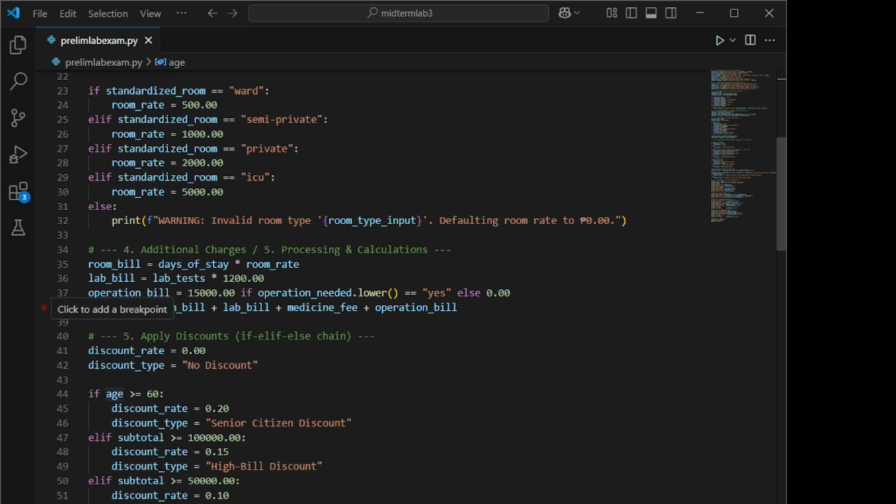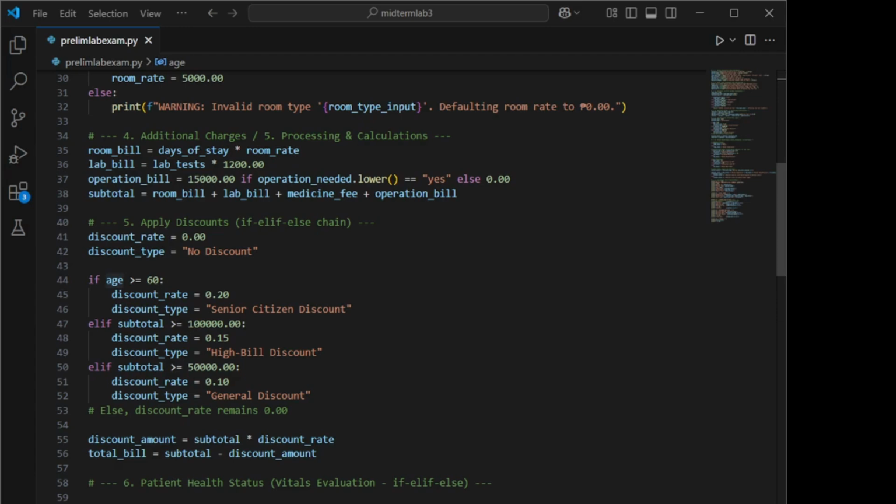The senior citizen discount is 20%, so it is our first if statement. If the patient is 60 or older, we stop checking the other conditions. Once the discount rate is set, we calculate the discount amount and the final total bill.